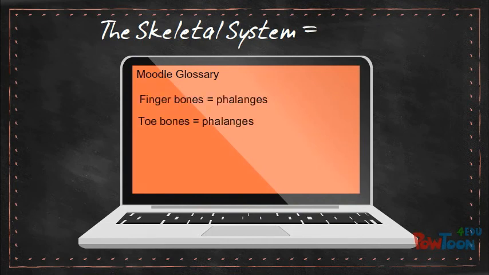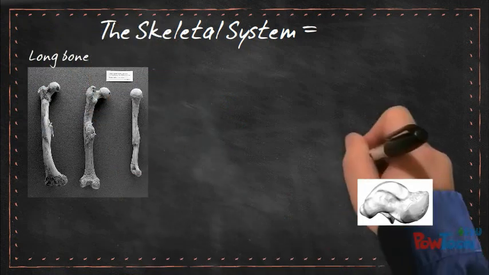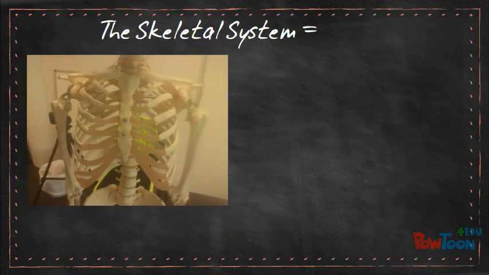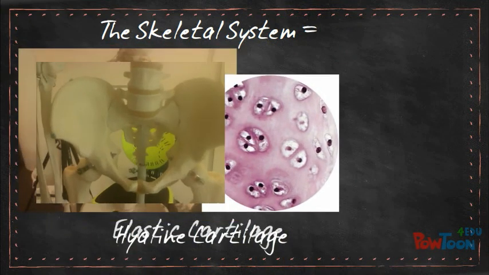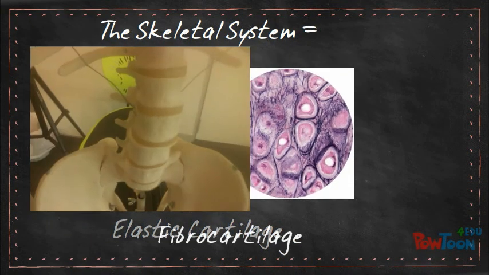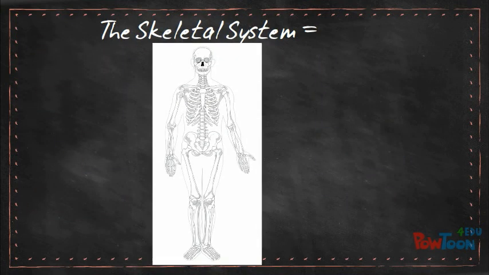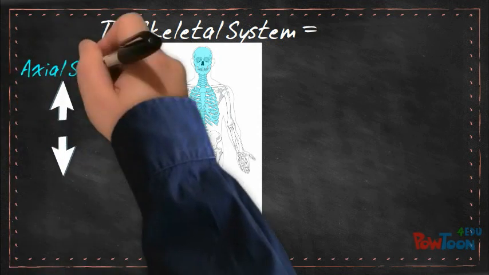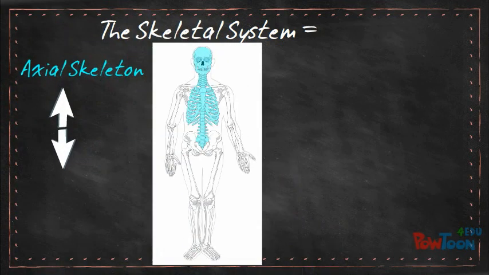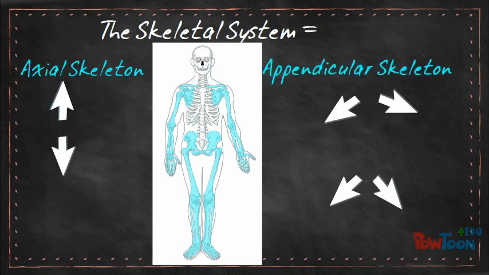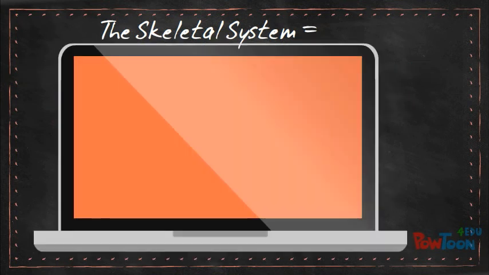There are 4 kinds of bones: long, short, flat, and irregular, and 3 types of cartilage: hyaline cartilage, elastic cartilage, and fibrocartilage, which make up the skeletal system. The skeletal system is also divided up into the axial skeleton, or the bones of the longitudinal axis, and the appendicular skeleton, or all those other bones which are appended to the axial skeleton.